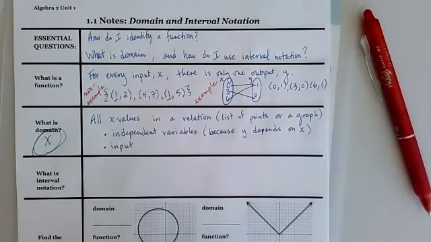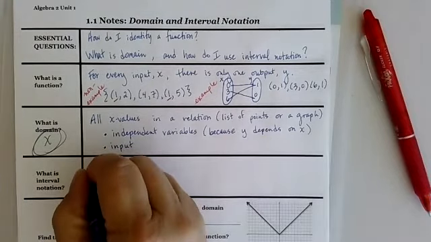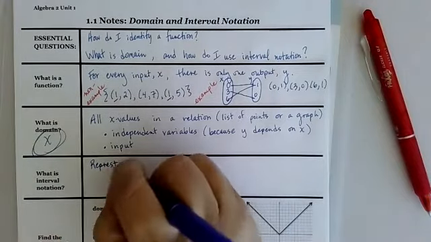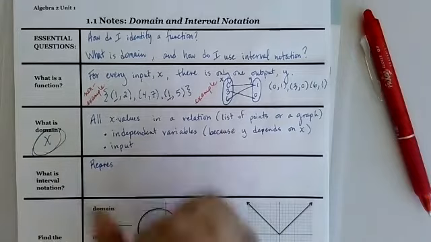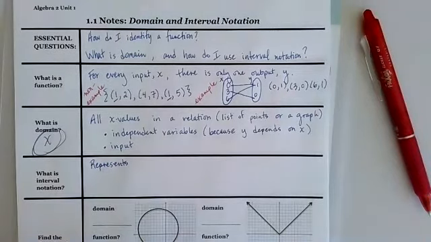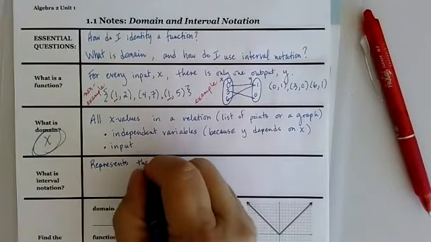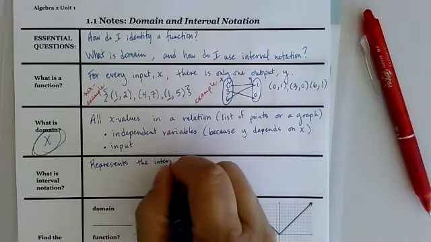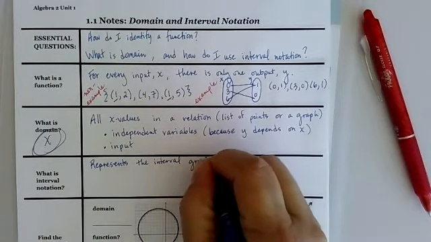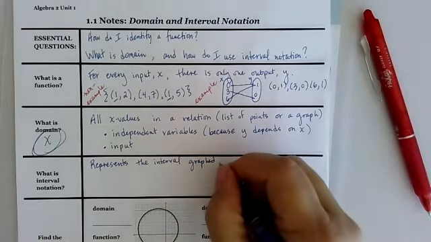Okay, now I have my last big question. What is interval notation? You guys haven't seen it before. It's pretty easy to use. This is what we'll be using this year. Interval notation represents the interval graphed or described.